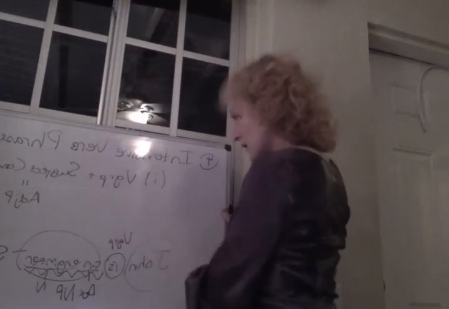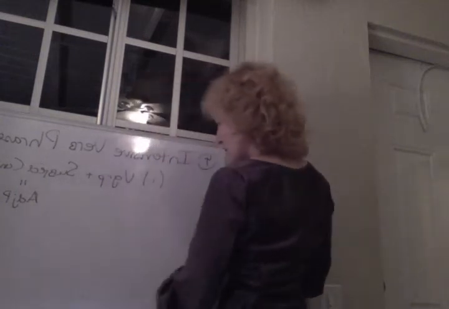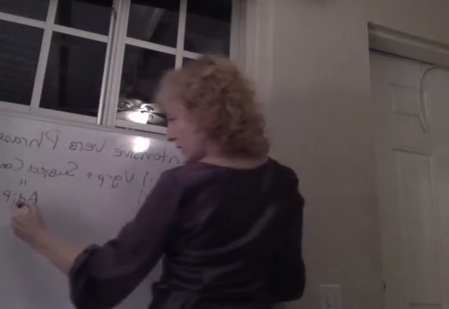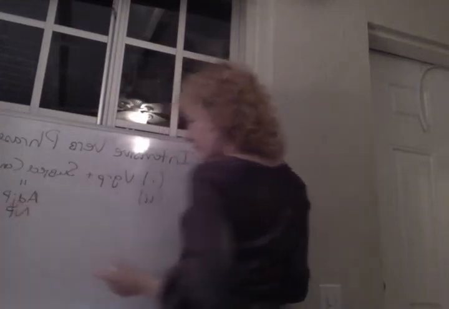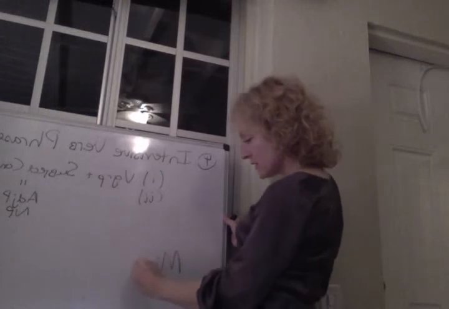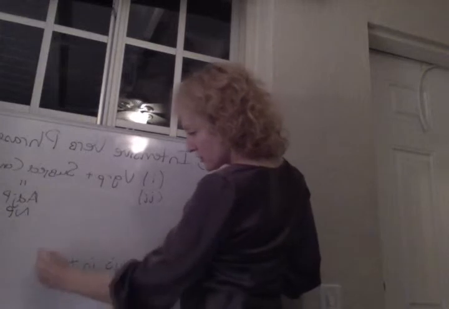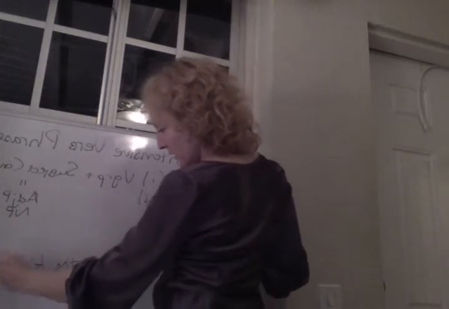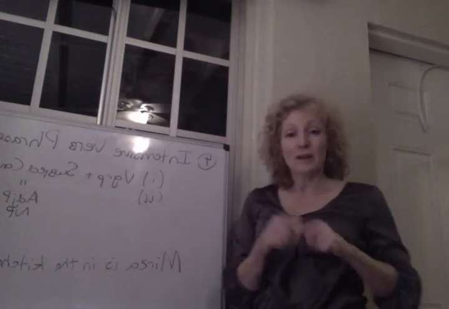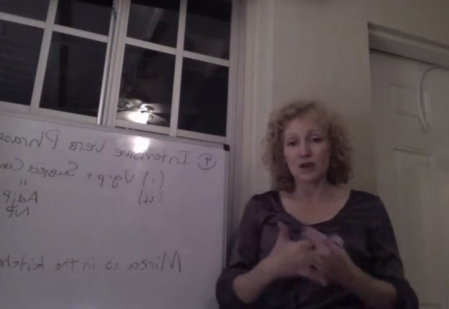As another example, the second type would be where you have the subject complement being a noun phrase. What if you had something like Mirza is in the kitchen, for example? So what's going on with this sentence? Well, we know that in its most basic parts, it's divided up into subject and predicate.